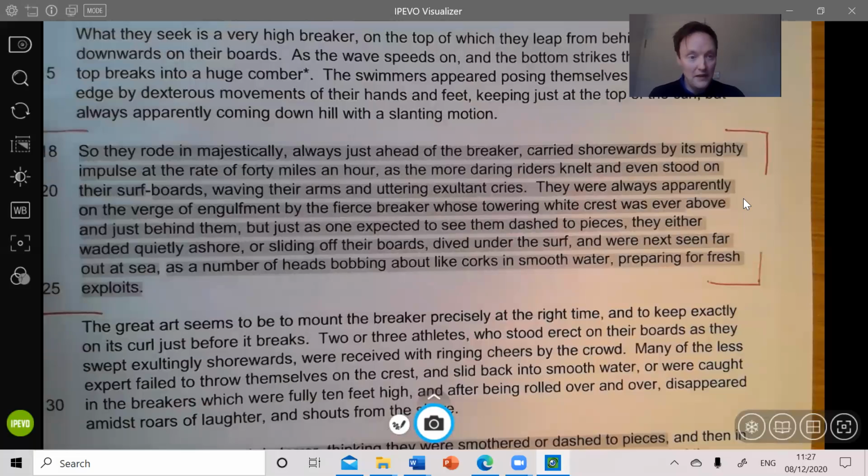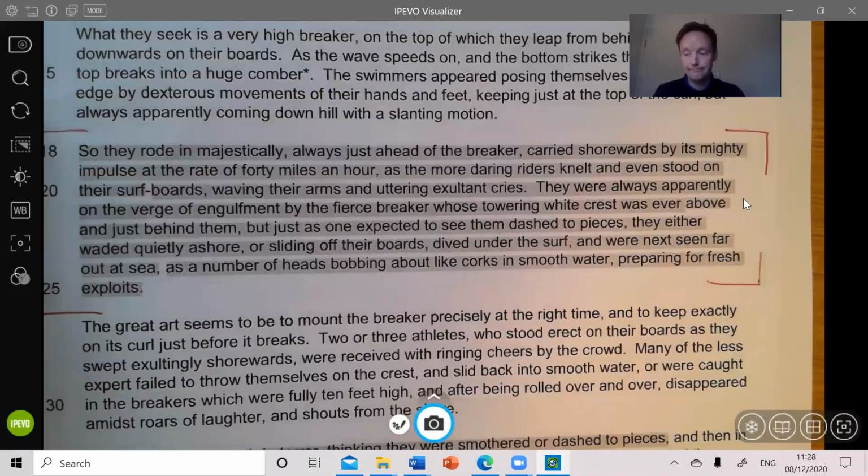They were always apparently on the verge of engulfment by the fierce breaker, whose towering white crest was ever above and just behind them. But just as one expected to see them dashed to pieces, they either waded quietly ashore or, sliding off their boards, dived under the surf and were next seen far out at sea as a number of heads bobbing about like corks in smooth water, preparing for fresh exploits.